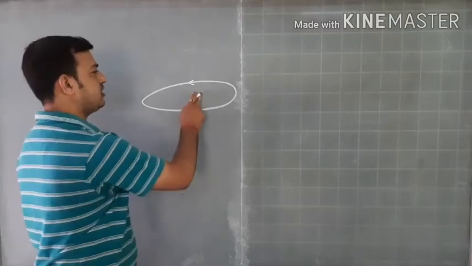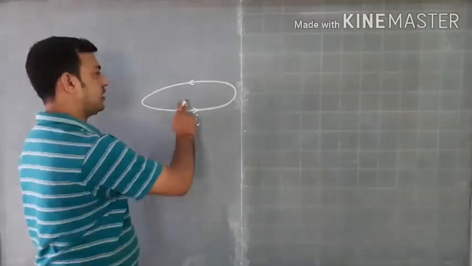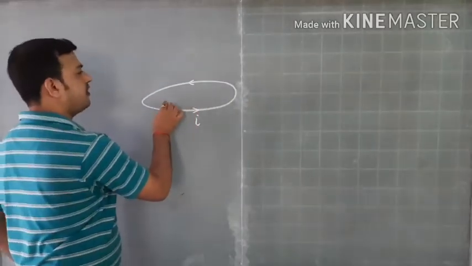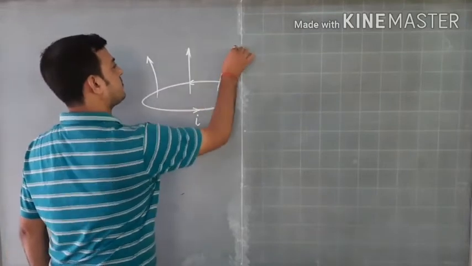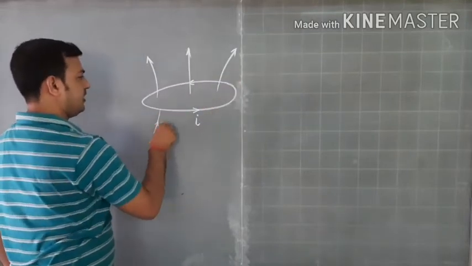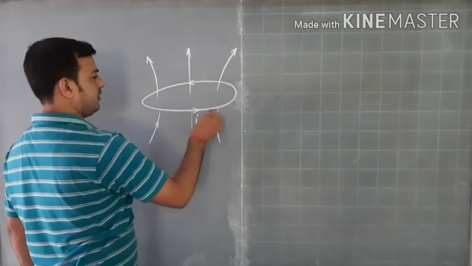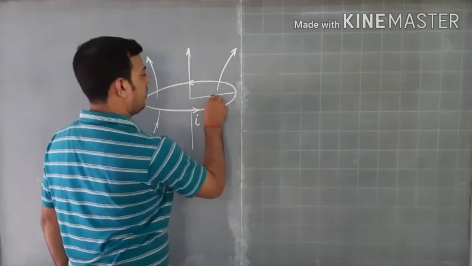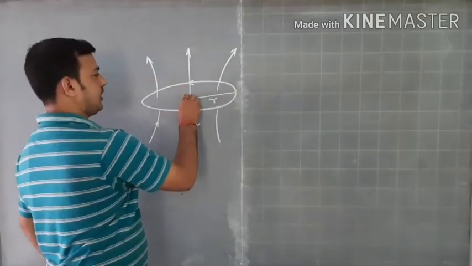Then you know that this face will behave like a north pole, and the magnetic field lines will be something like this. They will enter from here and come out from this face, since it is behaving like a north pole.